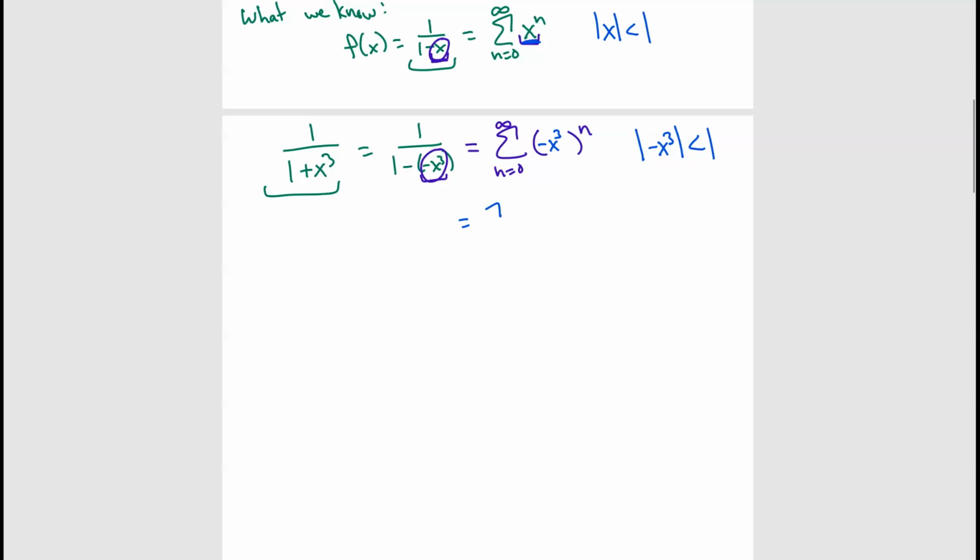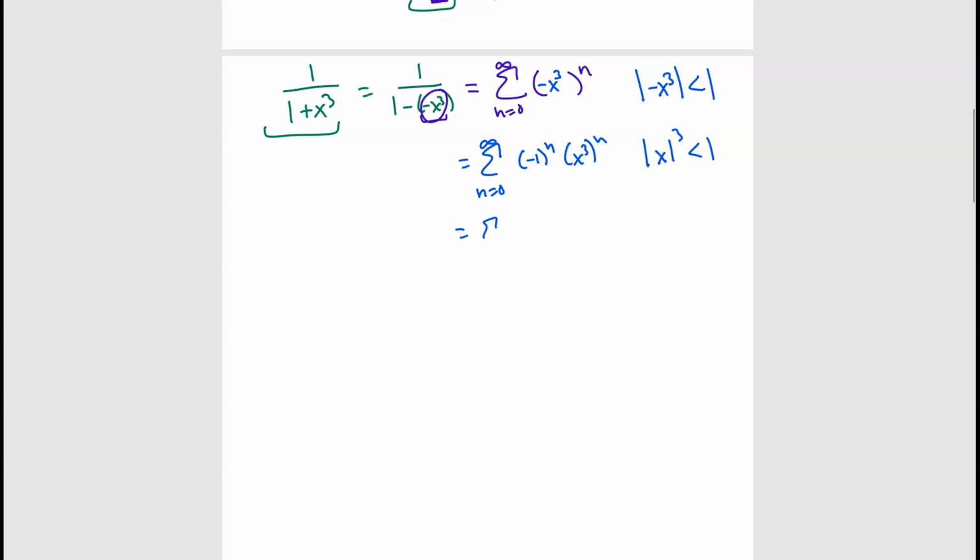So this is going to give me the summation from n goes from 0 to infinity. Notice that I can separate this as negative 1 to the power of n, times x to the third to the power of n. I'm just taking that out. And x to the third power to the n is x to the power of 3n.